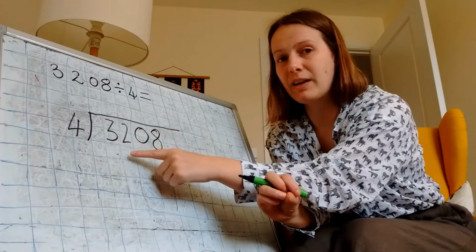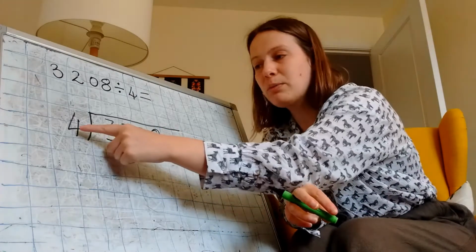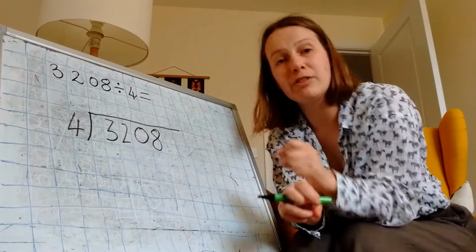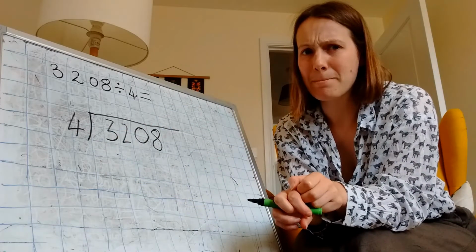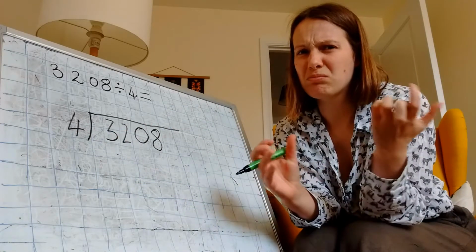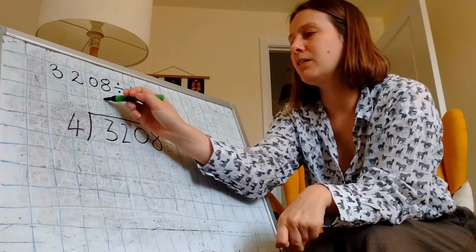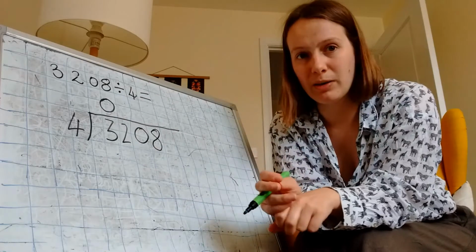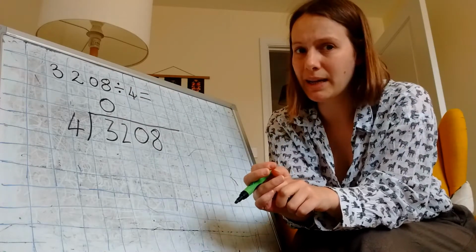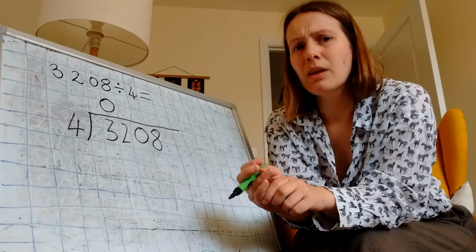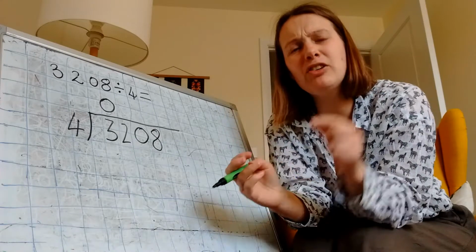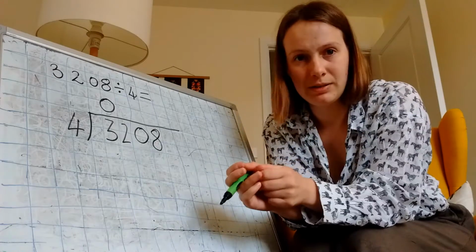We start by saying, how many times does 4 go into 3? And we know if I've got 3 things, it doesn't go in any times. 4 goes into 3 0 times. And how many are left over? That means, how many do you have to count up from the table?